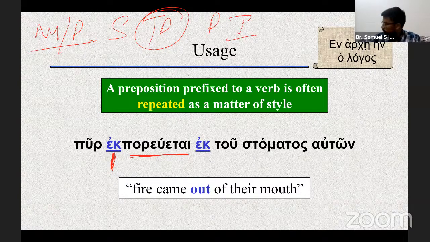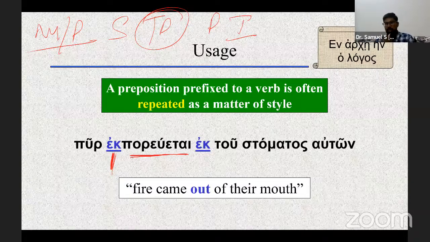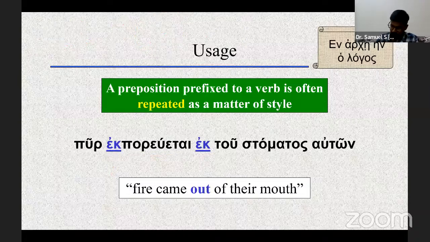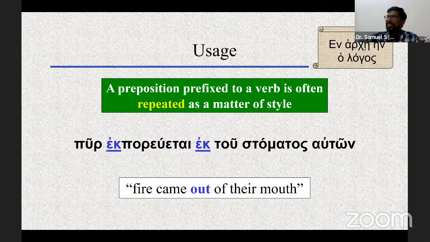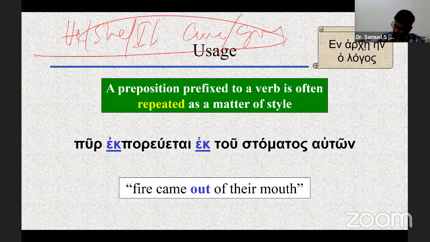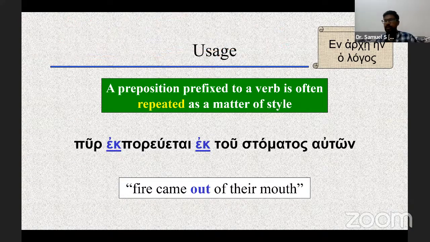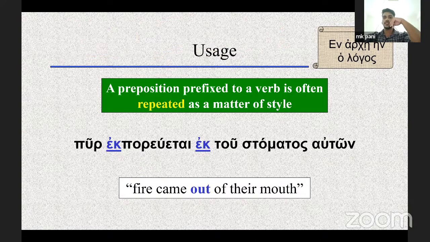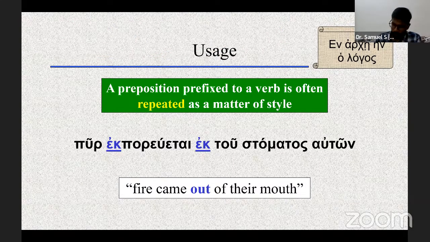I come, I go. So what's the translation? He, she, it comes or goes. Let's make the midterm as difficult as possible then. It's a middle-only word.